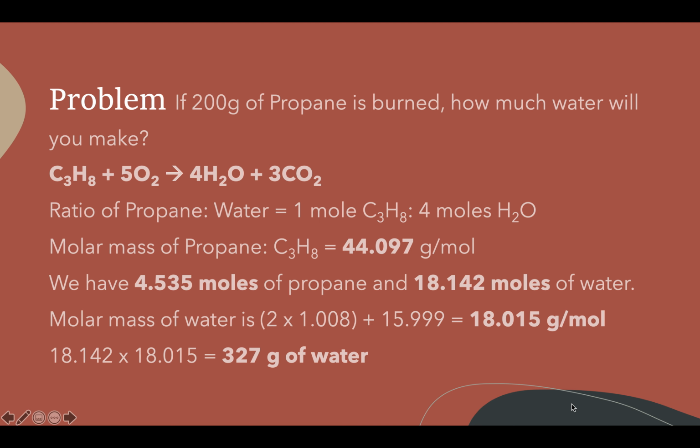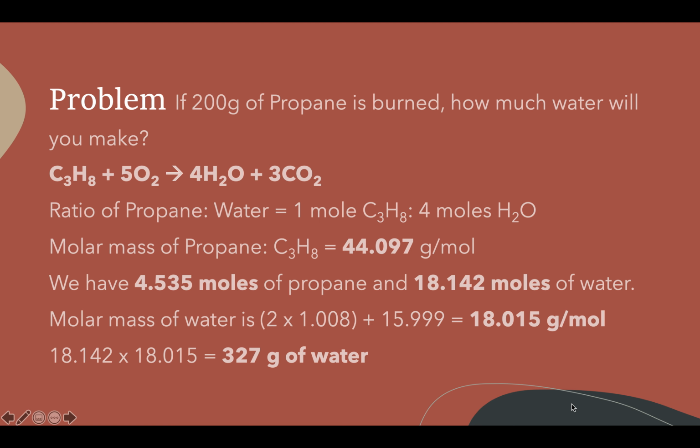So let's just recap. We know the ratio in moles. 1 mole of propane gives you 4 moles of water. We know the molar mass of propane, so given that we know how much propane we have, 200 grams, we find out how many actual moles of propane we have. It's all about the ratio. For every mole of propane, you get 4 moles of water.